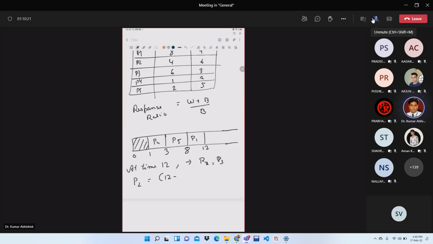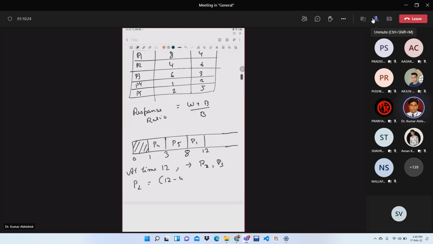So response ratio of P2: 12 minus 4 plus 6 by 6. P3: 12 minus 6 plus 3 by 3.